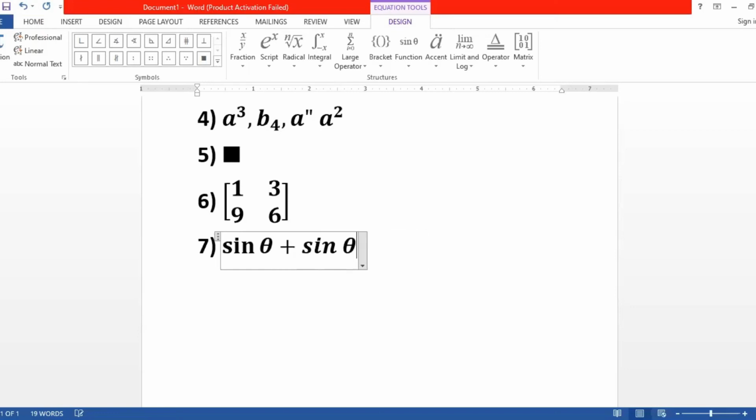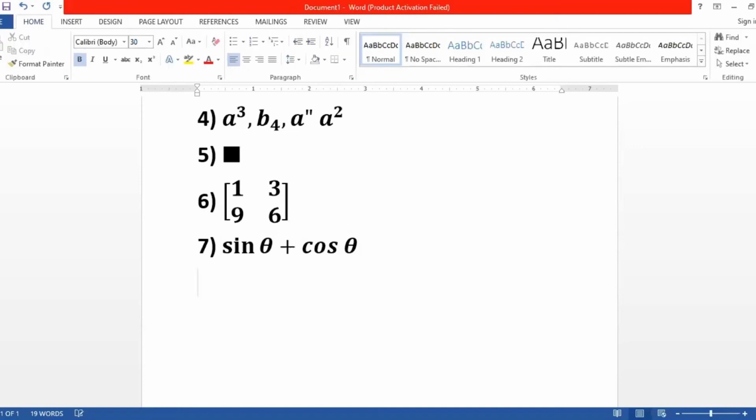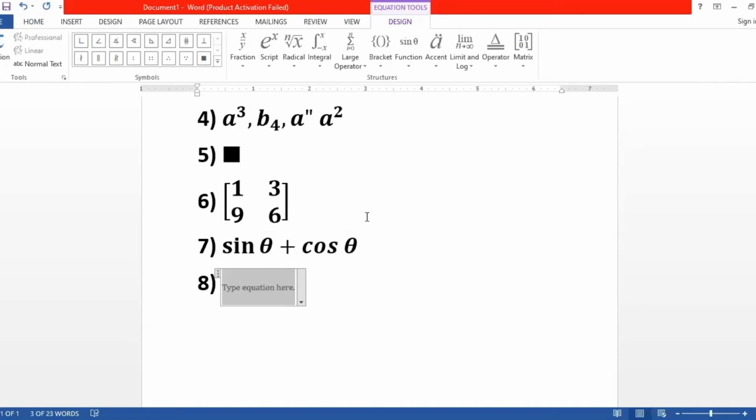Otherwise you directly type using the keyboard, that is sin space /theta to we get sin theta. In a similar way you may type cos space /theta to we get cos theta.